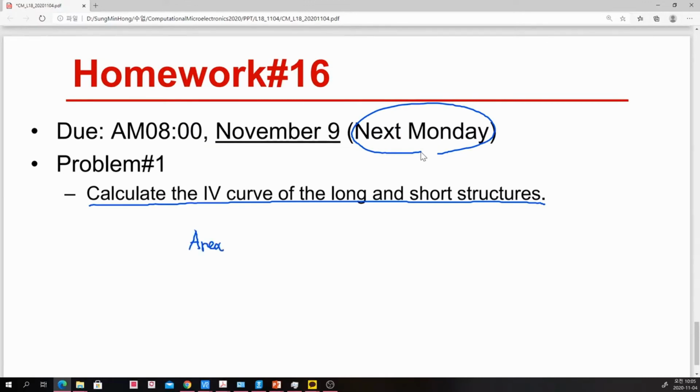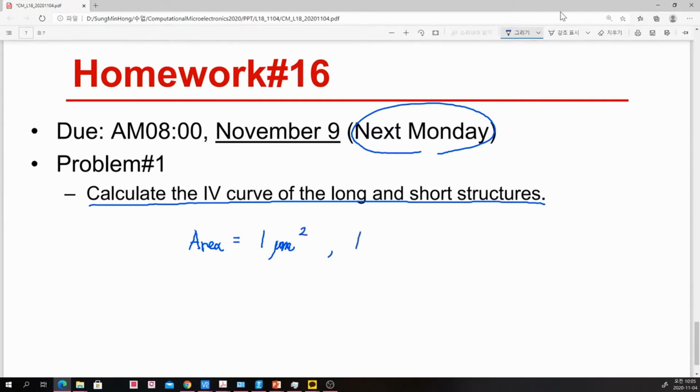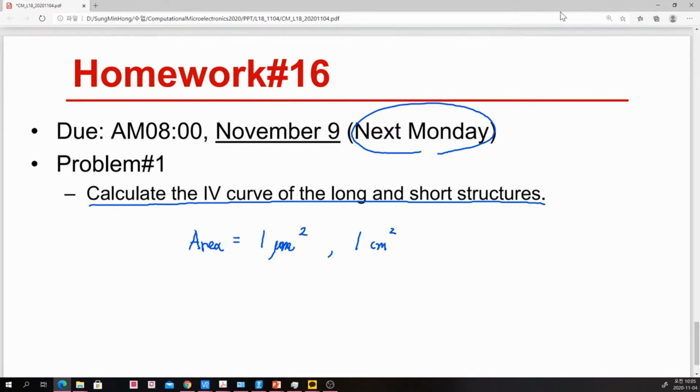Just specify it as, for example, 1 square micrometer, or if you want, you can set it to 1 square centimeter, whatever.